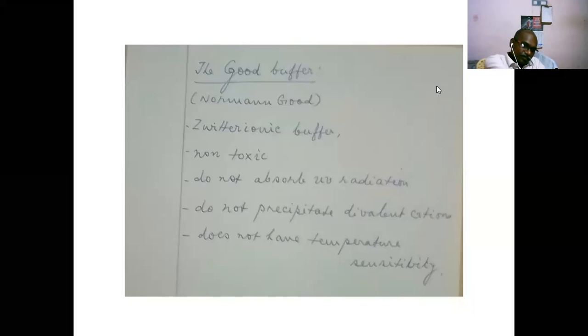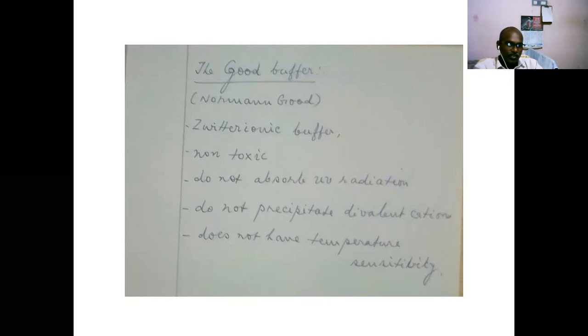Suppose you subject a Zwitter ion to an electric field. A cation moves towards the cathode and an anion moves towards the anode, but this Zwitter ion, one single ion having both the charges, will not move anywhere. The pH at which this Zwitter ion formation occurs is called the isoelectric point.